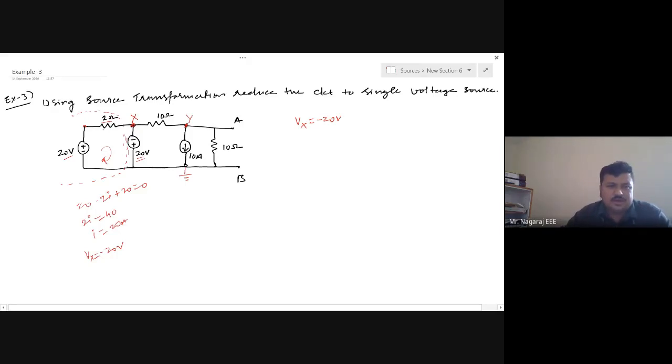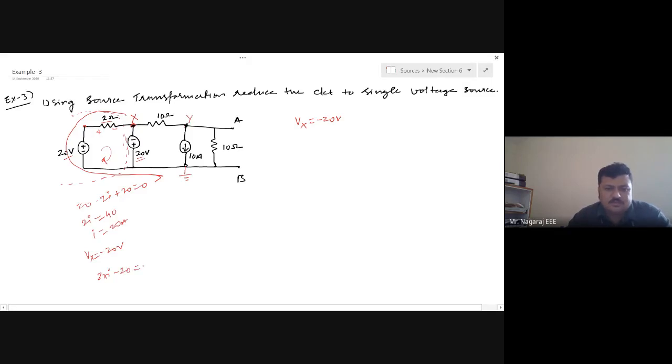Now the direction of current is clockwise. I will take it like this. Now if I take Vx and trace the circuit from X to ground, then it will be 2 into I minus 20.